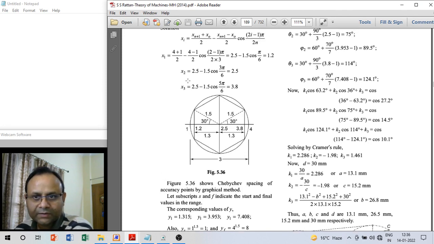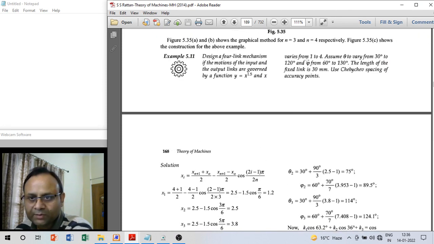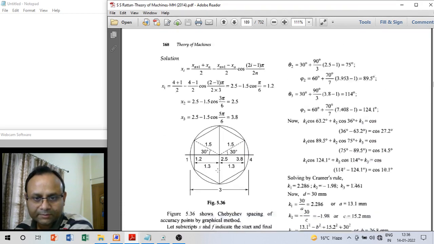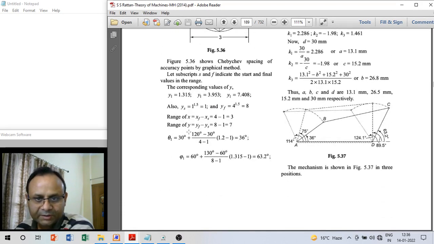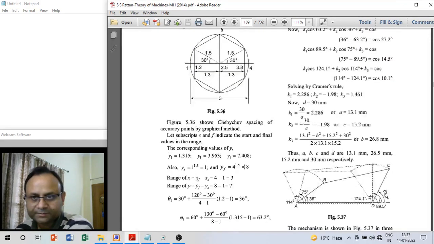So when x goes from 1 to 4, theta goes from 30 to 120. So take a linear relation between x and theta, and based on that, corresponding to x1, x2 and x3, you will get theta 1, theta 2, theta 3. That is what has been done here. And similarly, phi 1, phi 2, phi 3 based on linear relation between y and phi.